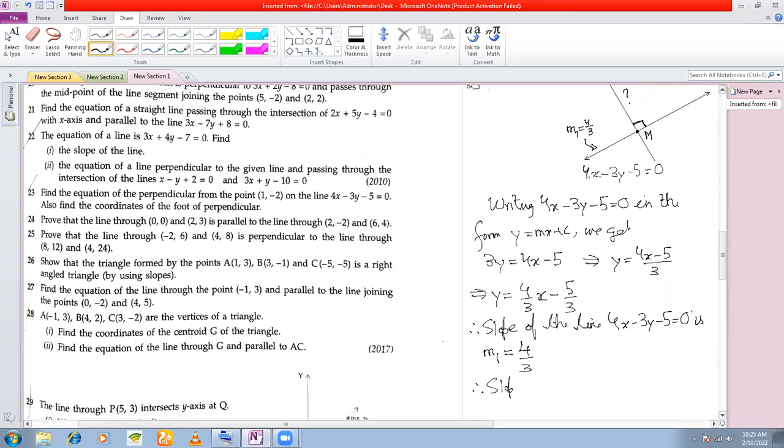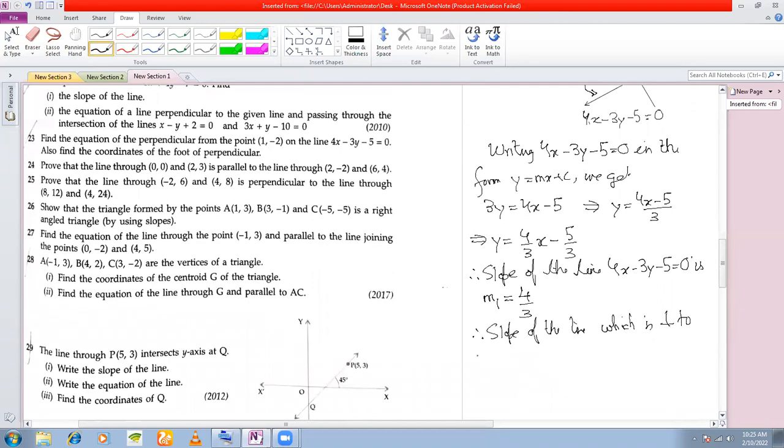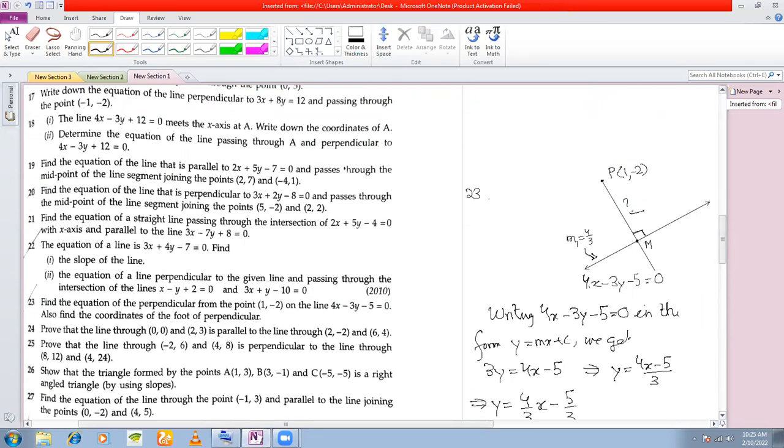Therefore, slope of the line which is perpendicular to 4x minus 3y minus 5 equal to 0 is, say, m2, equal to the negative reciprocal, because the lines are perpendicular, minus 1 by 4 by 3, which is equal to minus 3 by 4.